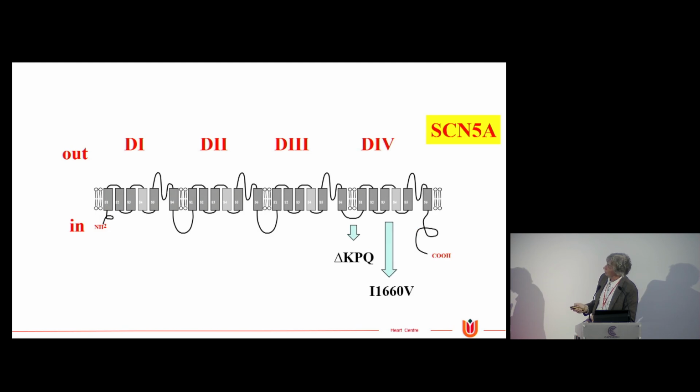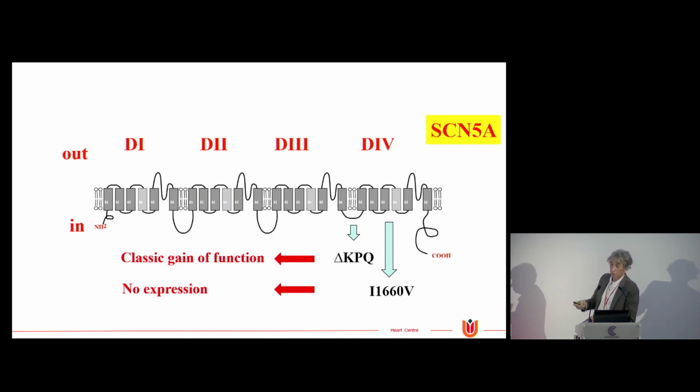But the good part of the story is that he had two variants. And one is a very typical LQT3 variant, as I've shown you earlier. This is the classical one that was first described. And this variant is known to lead to no expression. So you have one variant with no expression, you have one variant with LQT3 characteristics, so that still adds up to overlap syndrome.